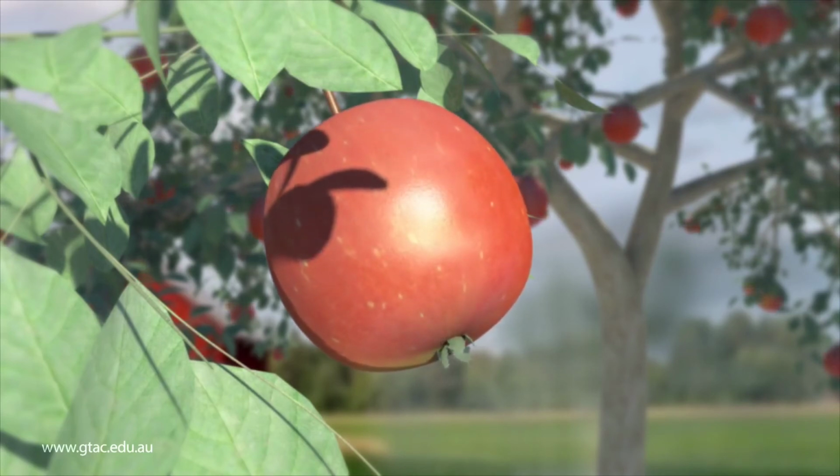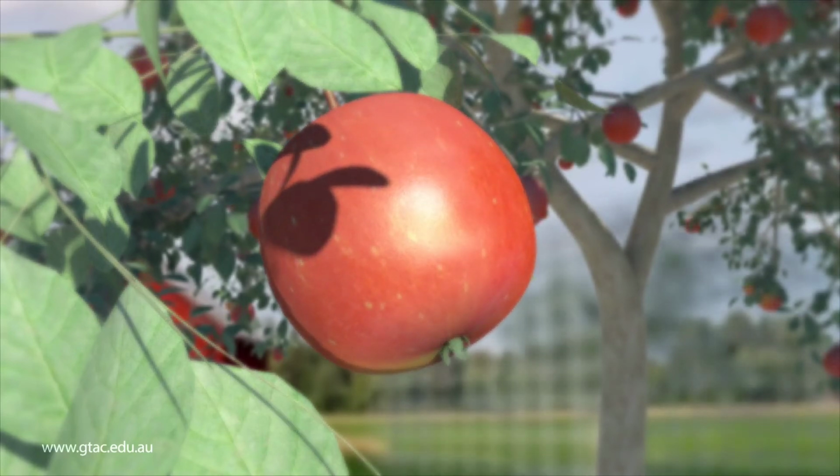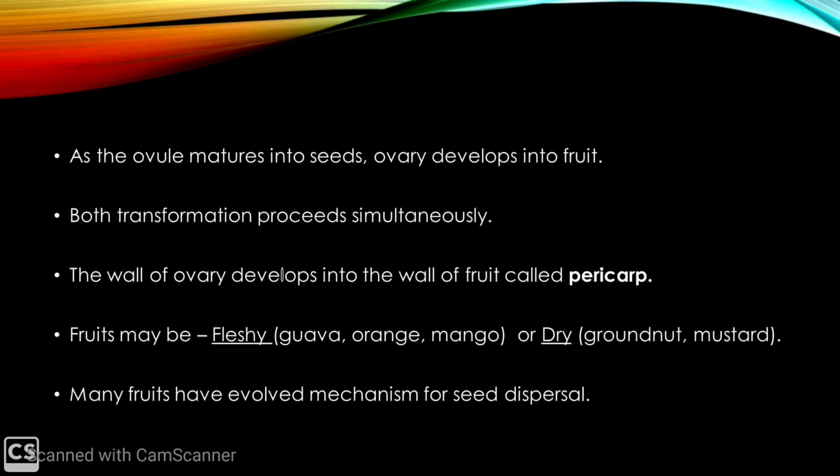This completes the formation of fruit. The transformation of ovules into seeds and ovary into fruit proceeds simultaneously. The wall of the ovary develops into the wall of the fruit known as pericarp. Fruits may be fleshy as in guava, orange, mango, or dry as in groundnut, mustard, etc.